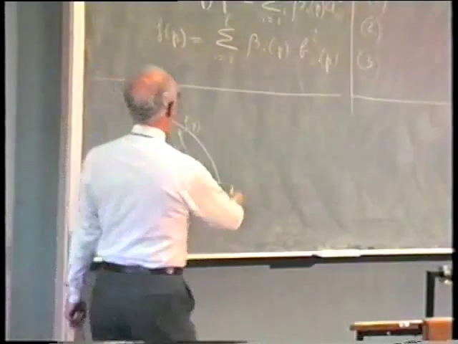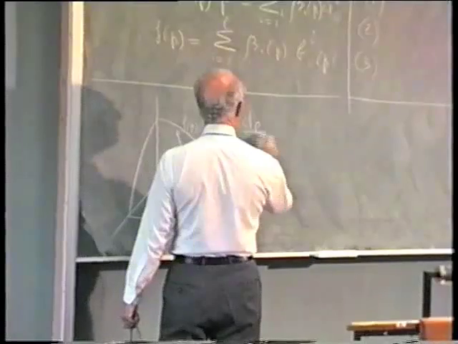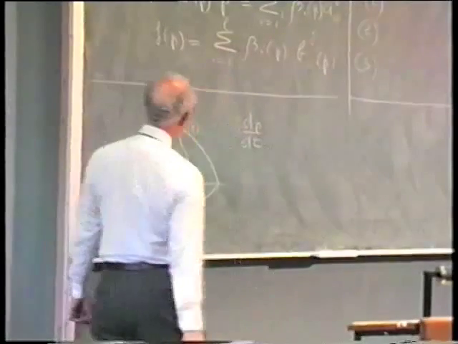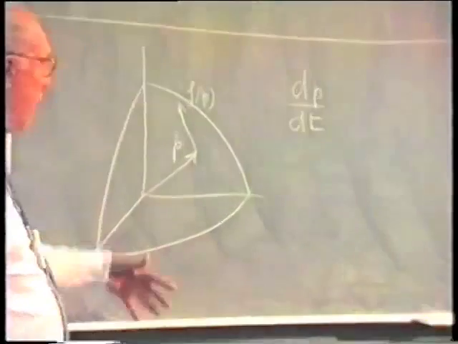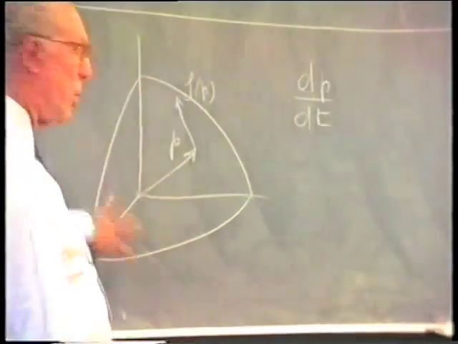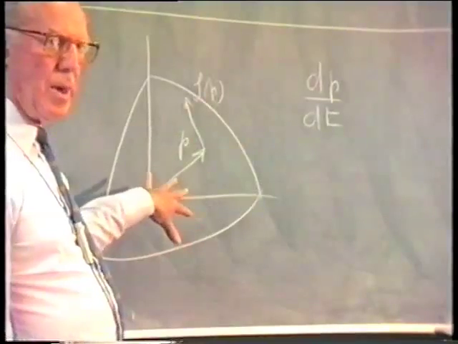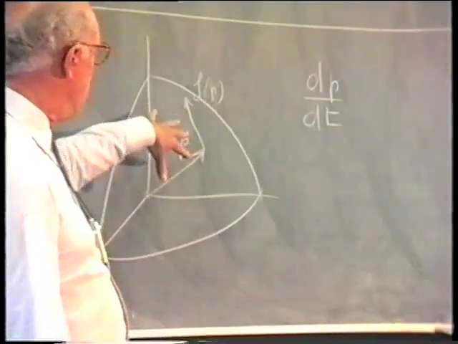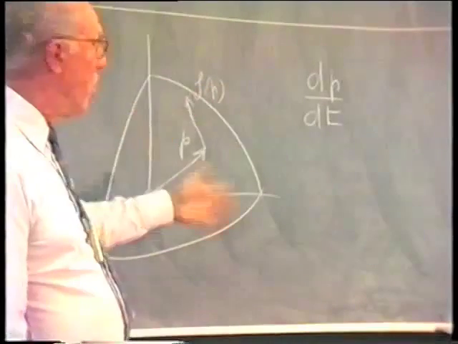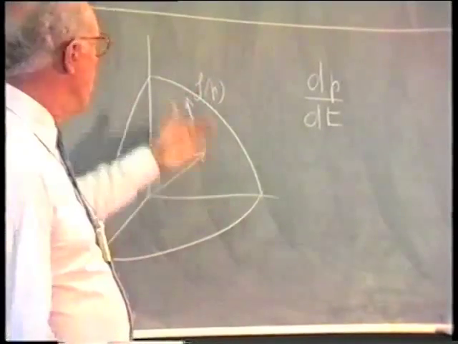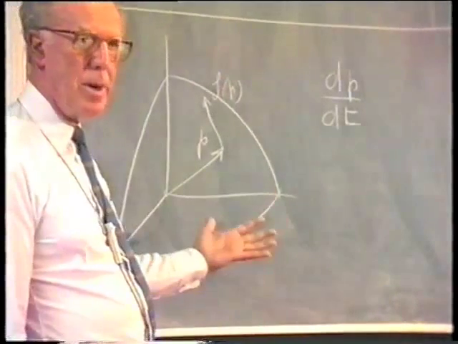If you take dP over dt, that is, let us say, proportional to f of P, it means that you have a dynamical system on the positive part of the unit sphere. And the behavior of that dynamical system will be entirely determined by the function f. Now, what this theorem tells you is that the function f is completely arbitrary.